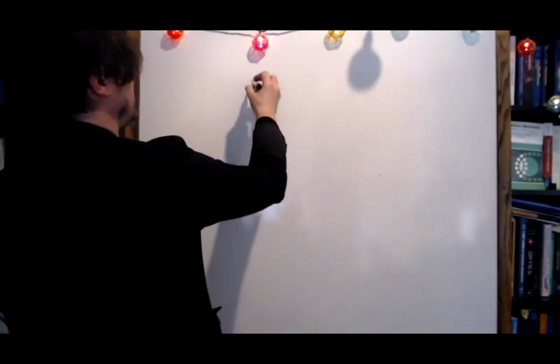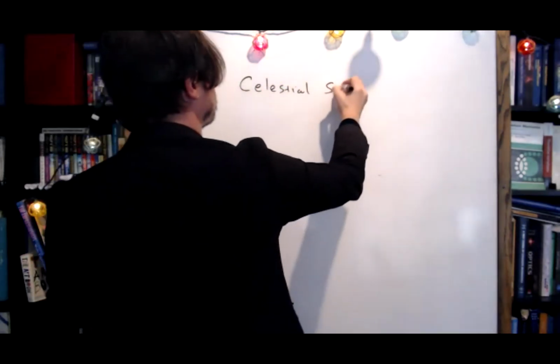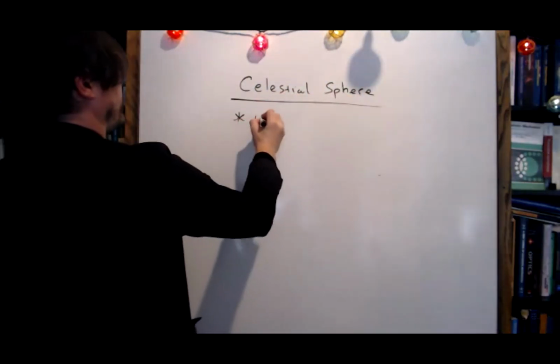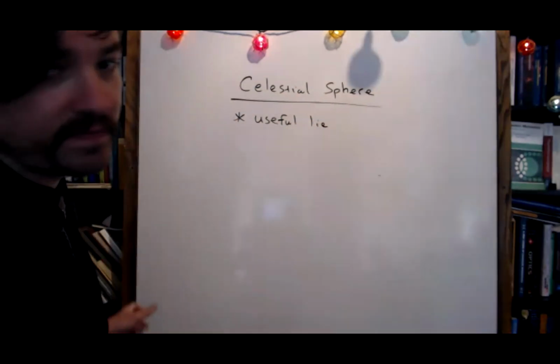Introducing the celestial sphere. The celestial sphere is a useful lie.